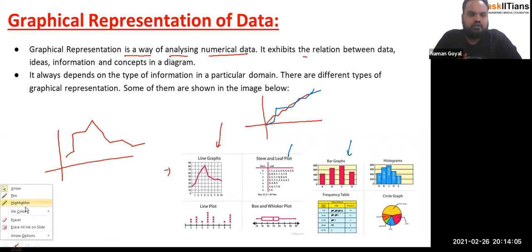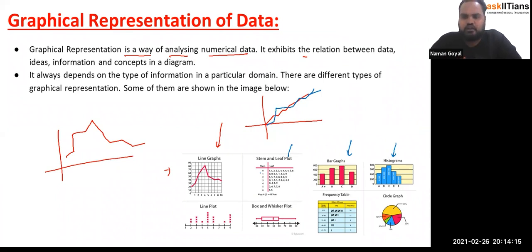Now the next is histograms. What is the difference? These are all graphical representations. In a bar graph there is a space between two bars, but in a histogram there is no space between the bars. This is the main difference between a bar graph and a histogram.